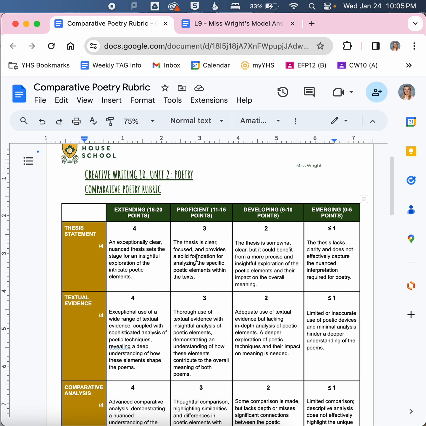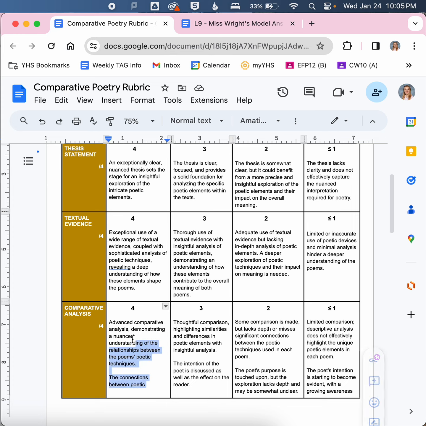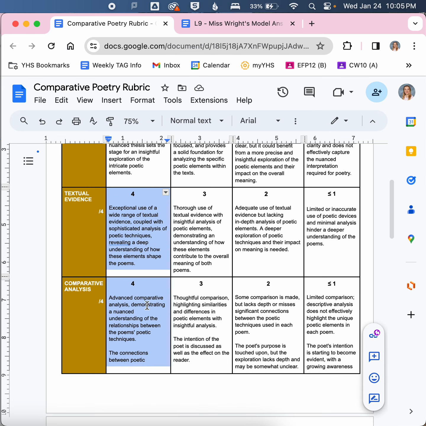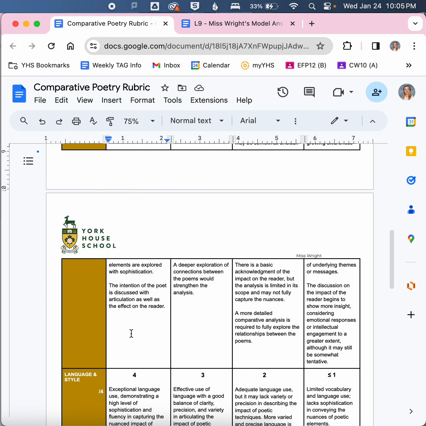Based on our formatives, most of us did this really well. What I'm highlighting here, most of us did really well with this part, which is really positive because this is kind of the hardest bit. What we needed help with was looking at the effect on the reader.